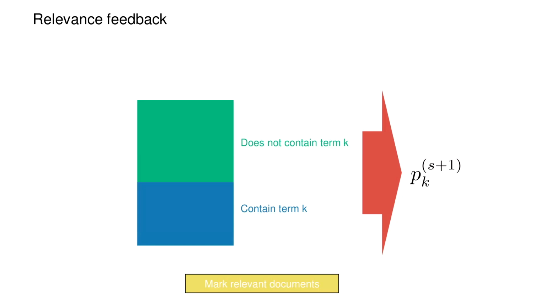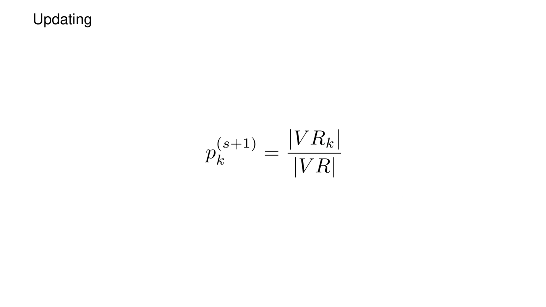We aggregate the statistics and we compute the ratio of containing term K over everything that is relevant. That gives us an updated value, a newer value. I put an S+1 in there to say that. That's a better value because now it takes into account the feedback. And then we just do it again. We cycle, we do another step. So here's how we update it.